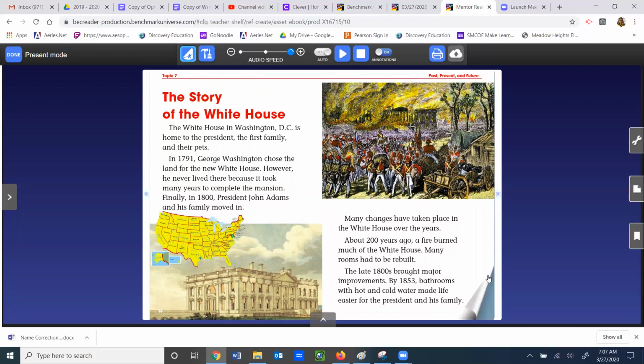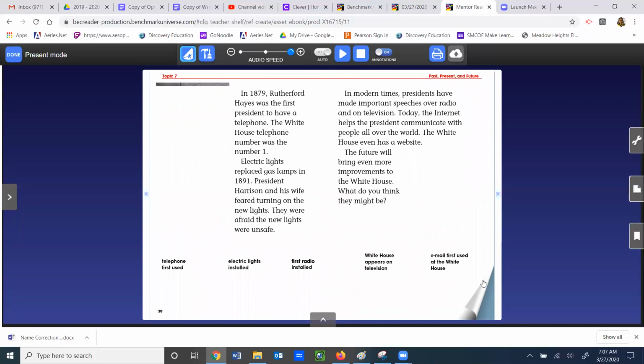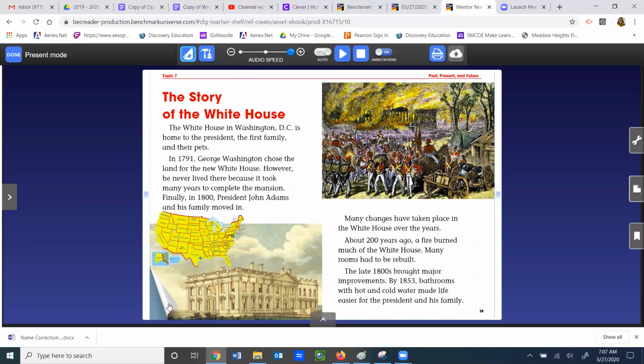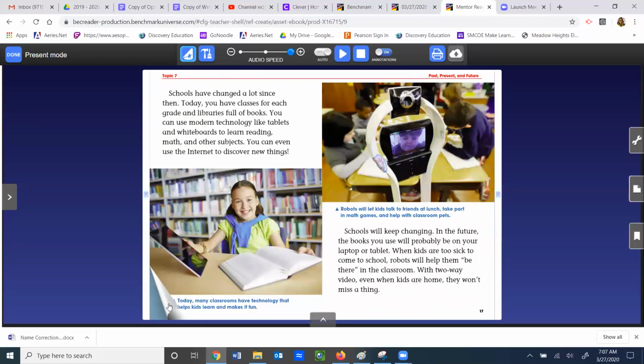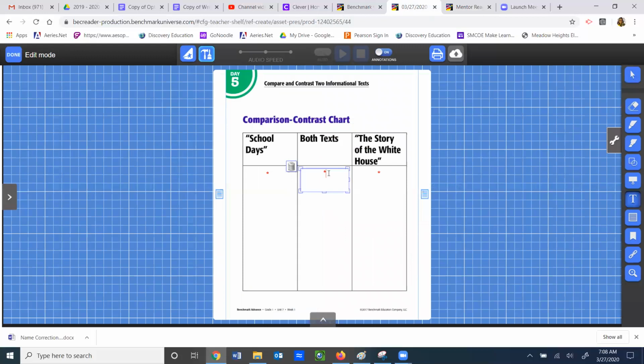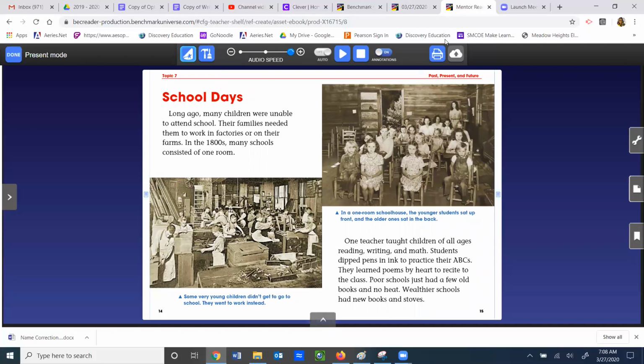And I see that the story of the White House, as you can see on this page, has some photographs, and that School Days also has photographs. So this is something that I can put in the both text column of the chart. So let's go ahead and type that. Photographs. Great. Now let's go back.